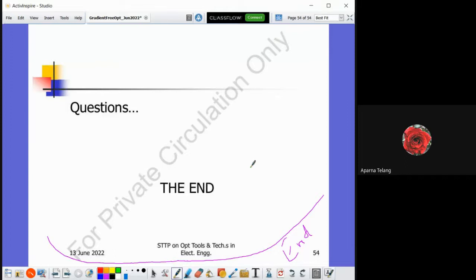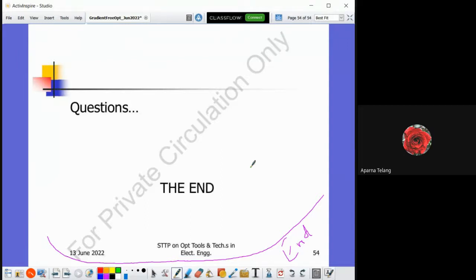Thank you, sir, for your wonderful session on gradient-based optimization basics and evolutionary algorithms, especially the genetic algorithm. Sir, you gave us insight into classical methods of optimization, and also the advanced methods such as genetic algorithm, with a quick overview of PSO and other nature-based algorithms.